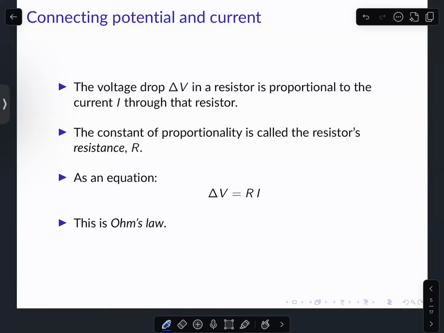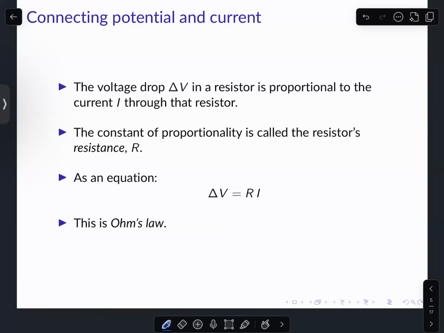They're not a dam. Sorry, my language. They're not a dam. They're rapids where you've got lots of boulders. It throttles. Resistors throttle current. Resistors limit current, but resistors don't block current. A diode is a dam. We'll talk about that later.